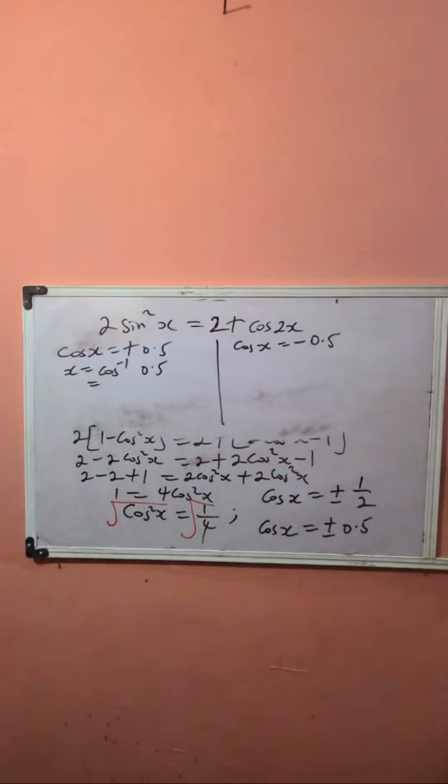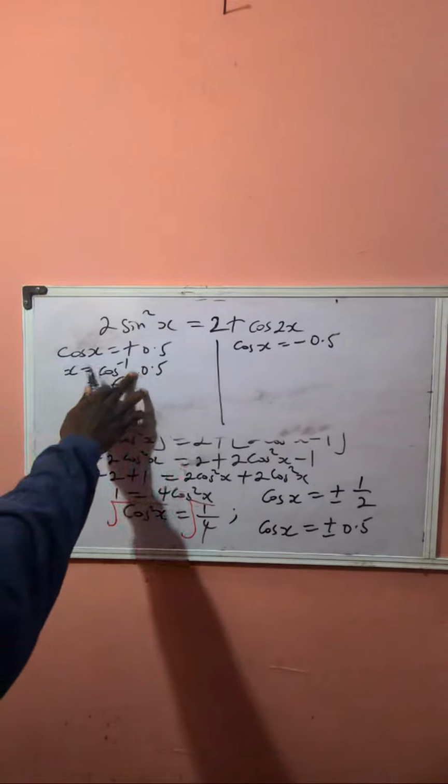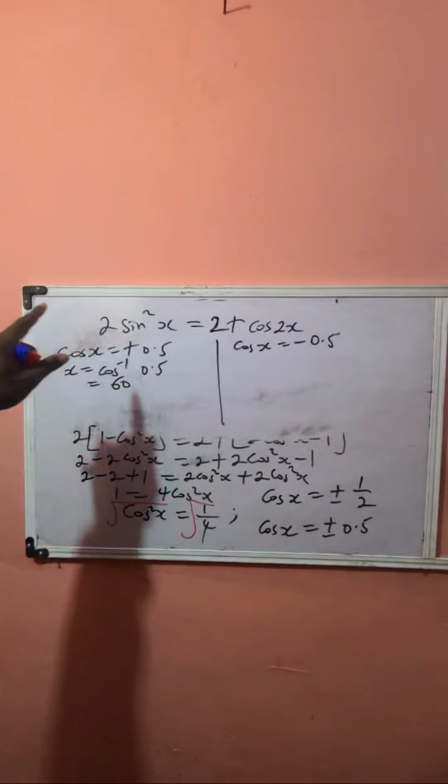What is arc cos 0.5, somebody? Arc cos 0.5 is 60 degrees. Good. So having 60 degrees, all right, this is just an initial answer.